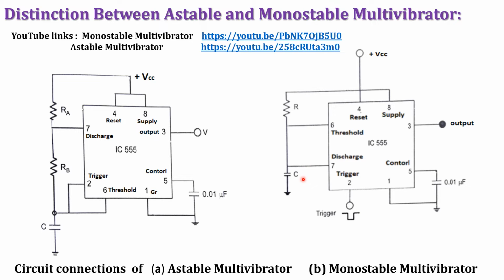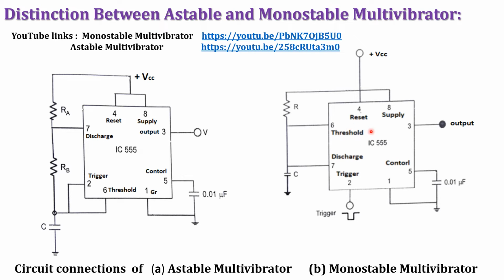When the capacitor gets charged through the resistor R, we find the charging time constant RC, and this charging time constant controls the width of the output pulse. Hence, in that case, we have to find the pulse width of the output signal for the monostable multivibrator. That pulse width depends upon the charging time constant R and C.